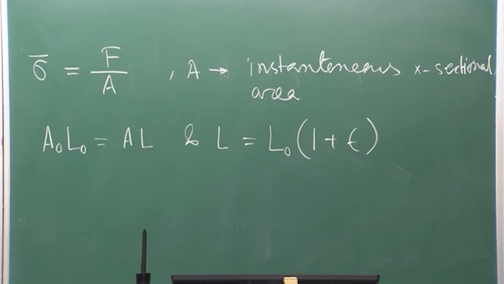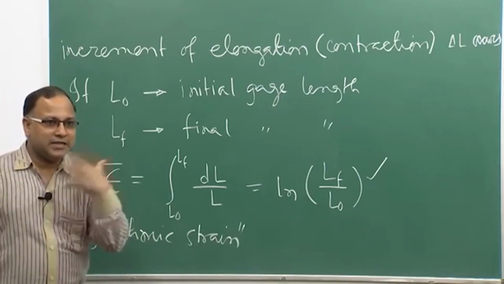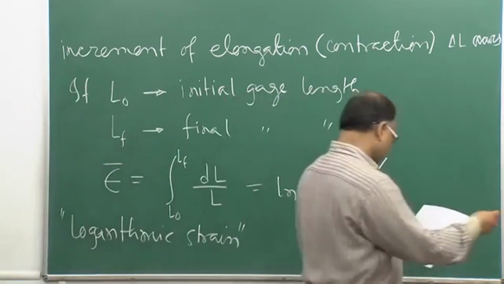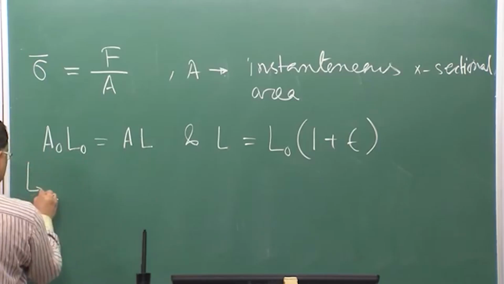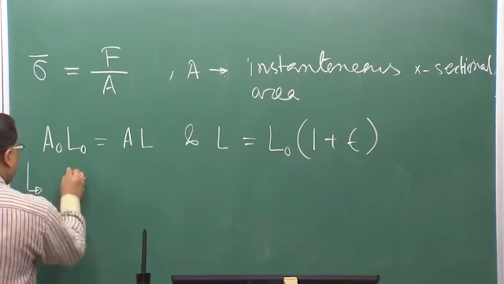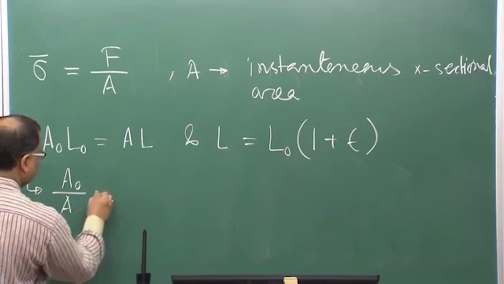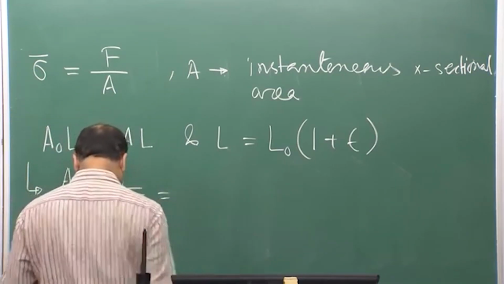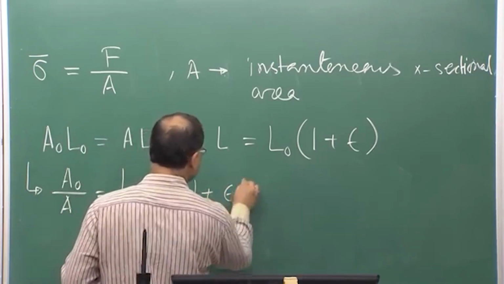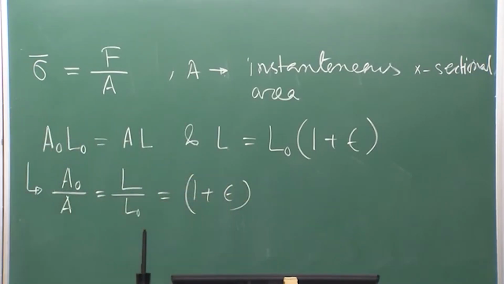So, that is your gauge length at any instant. Okay. So, from here I can write A naught by A is equal to L by L naught is equal to 1 plus epsilon, that is strain.